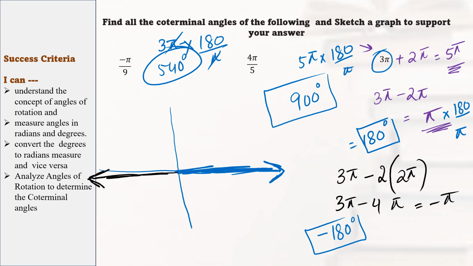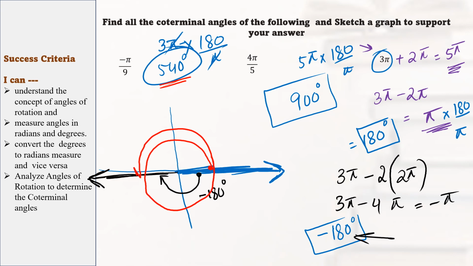Okay, so now let's try. I have to come back here. So when I say minus 180 degree, it means from here I have to come back here. In the clockwise direction, I will get minus 180 degree. If I say 540 degree, it means I am covering from here, making one rotation and then again coming back to 180 degree. So this is what 540 degree is.